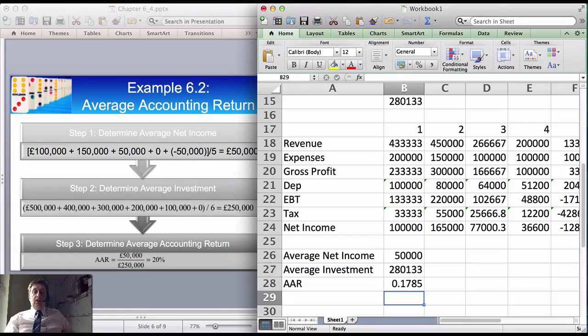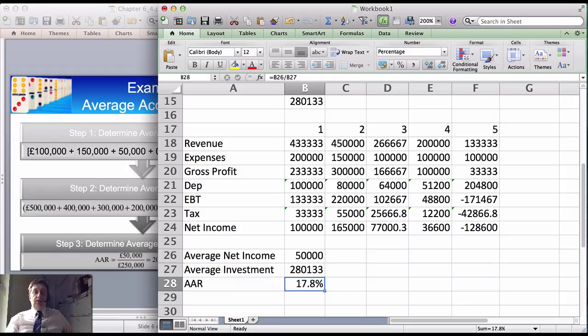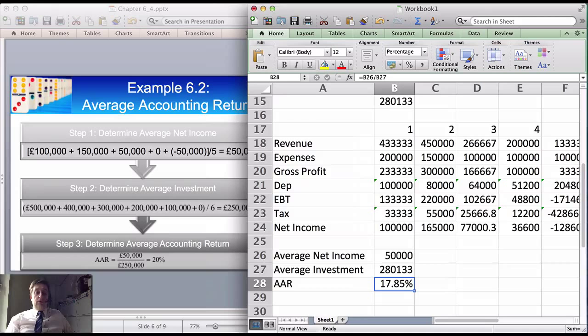depreciation. If I was just to make it percentages and increase the size here, put it to 2 decimal places, it's 17.85 compared to 20%. So your depreciation method will impact upon the return that you're getting.